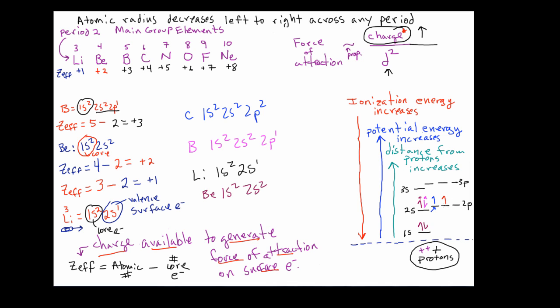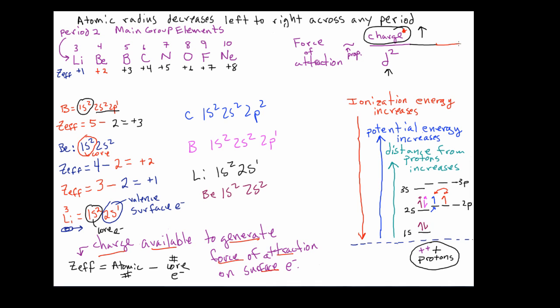Obviously, it's going into its own subshell here, but there's no difference in distance between this electron and this electron from where it is away from those protons. So again, your distance factor here is not changing. Yet, as we go from boron to carbon, you can see that the effective nuclear charge definitely went up again. So there's a disproportional change in the amount of charge as it increases, and the distance factor is staying constant.